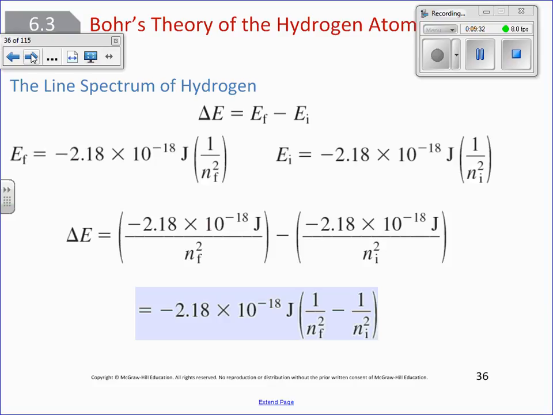So if it goes from 3 to 1, it would be 1 over 1 squared minus 1 over 3 squared, times this. I can now calculate the energy.